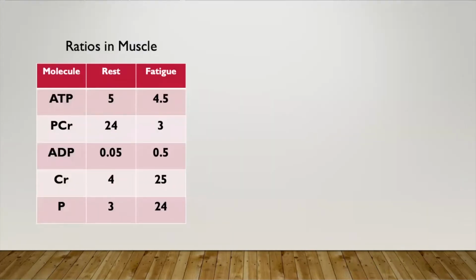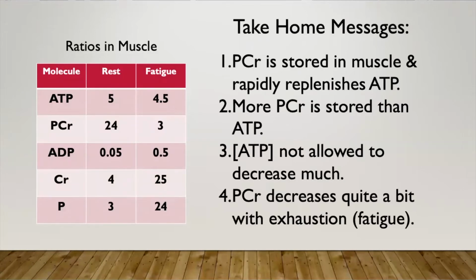Before we actually look at fast glycolytic systems, I'd like you to take a look at these numbers presented in this chart. They're ratios, which means that there are no units. Okay, so as to take a closer look at those numbers, first of all, phosphocreatine is stored and it rapidly replenishes, as we've just said.